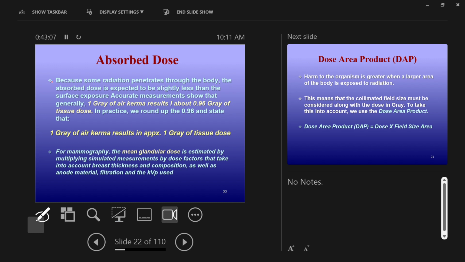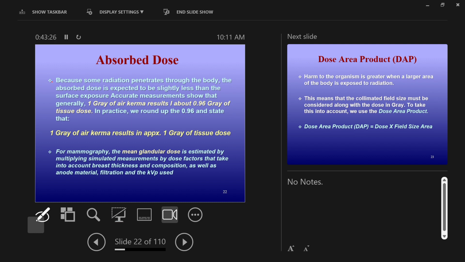You absorb about 96% of what you're exposed to. However, 96% is pretty close to 100%. So for our purposes, we get to be sort of sloppy and simple with this. 1 gray of air kerma, we're going to call that 1 gray of tissue dose.